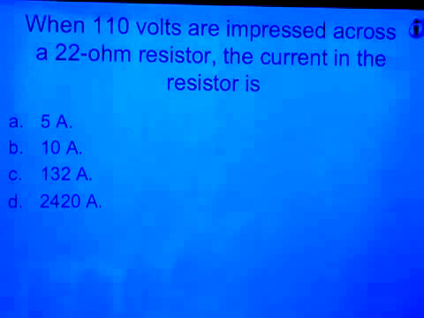So this gives us the push, the voltage, how much energy per charge is going to all those charges to make them move. But then how much resistance is in the circuit is going to try to impede those charges. Both of those determine how much current.